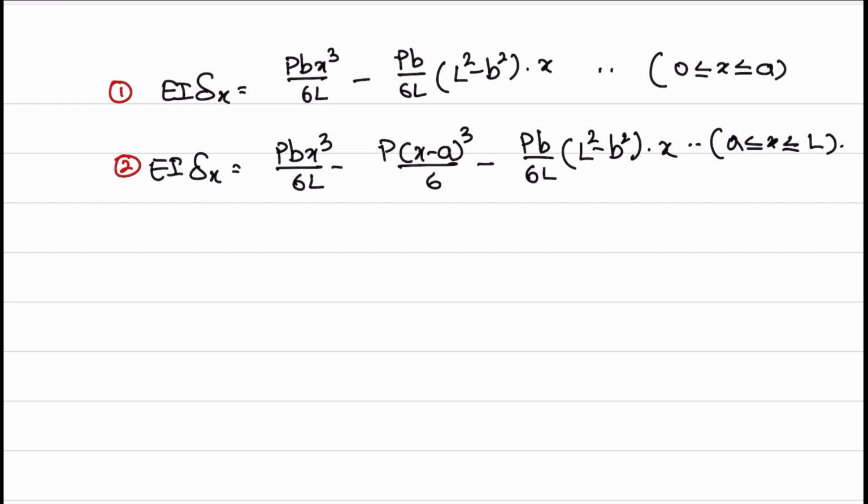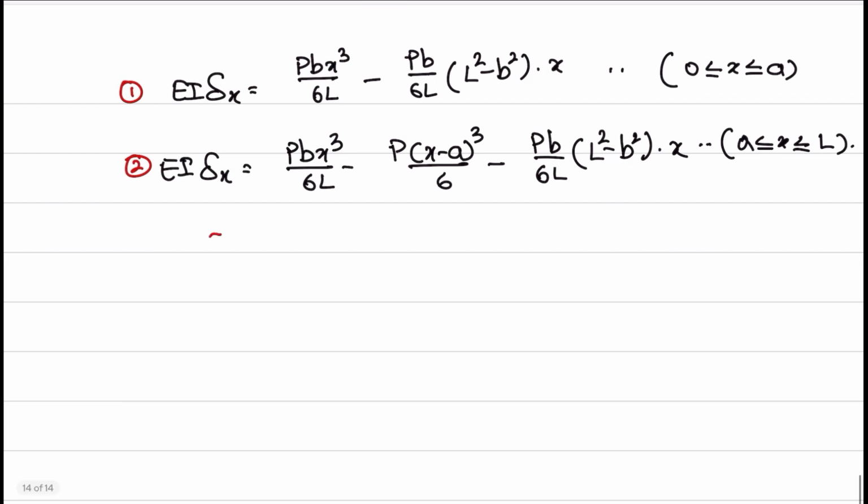Now, we have to find out the maximum deflection. From the definitions of calculus, for any value to be maximum, dy by dx should be equal to 0, maximum or minimum.